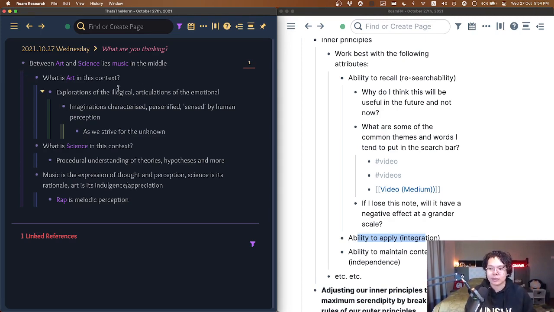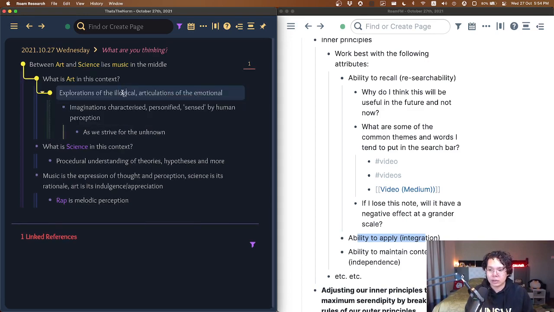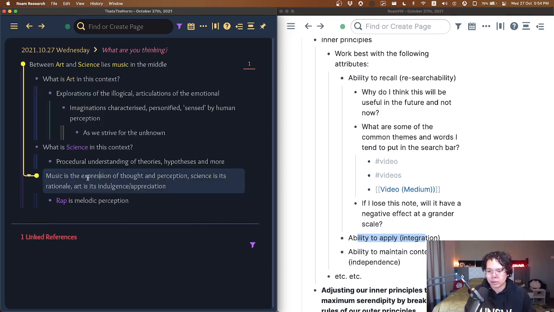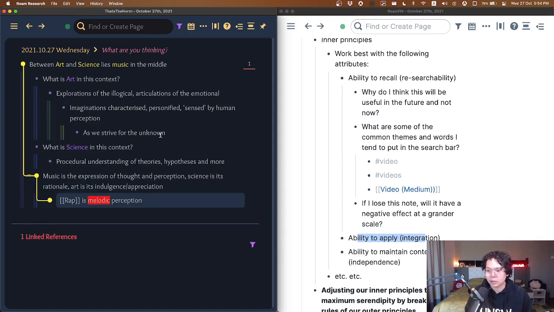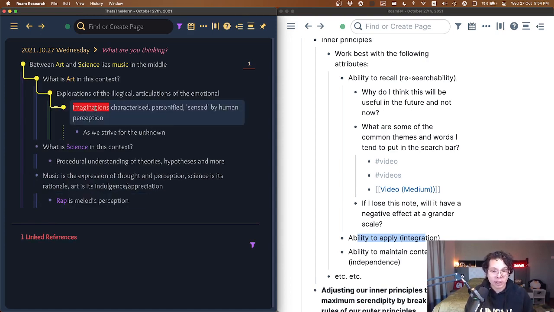For this, some words that stand out would be illogical, articulations, expression, rationale, melody, imaginations as well, I think of. Technically, I've already said that.